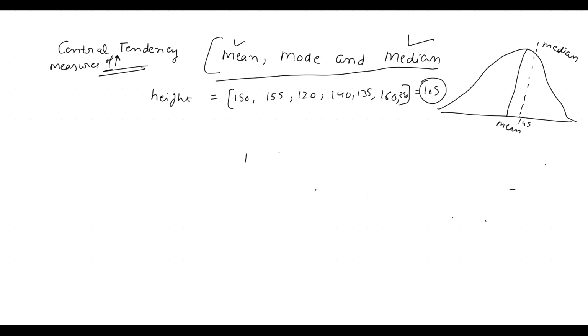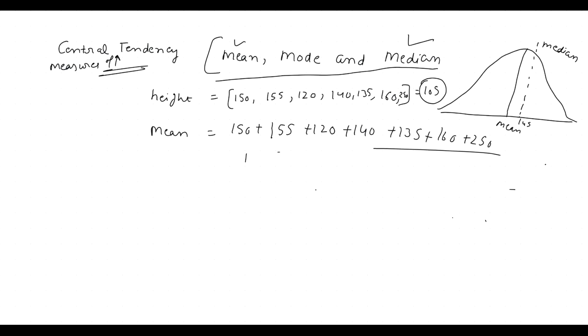Now, if you are going to take the average mean value of this, you will do the addition of all these: 120, 140, 135, 160 plus 250. And how many numbers do you have? 3, 3, 6, 7.